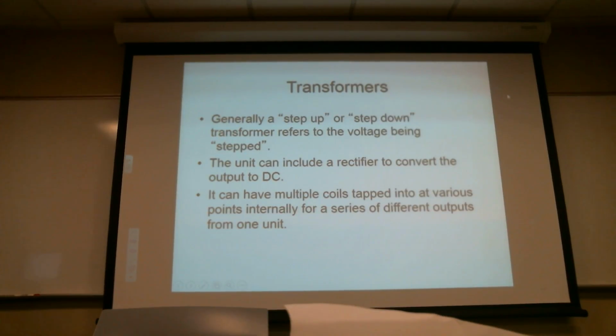The transformer doesn't care which way it's hooked up. Functionally it doesn't care. The amount of resistance in the wire may matter, but functionally, the transformer doesn't care. So if I say it's going to be a step up, that means I'm expecting the primary to be at a voltage that's lower than the secondary. The presumption is I know the current is going to do the exact opposite, right?